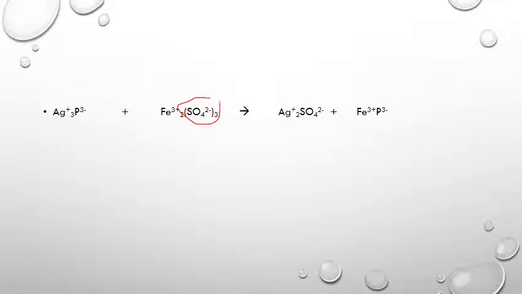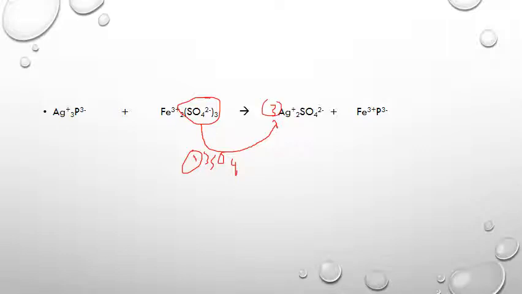Alright, so let's show you how we do it in my class. So I start with my negative ion that has the most, there's most of them. So there's 3 sulfates here. There's only 1 of the phosphide. So first thing I want to do is get three sulfates.